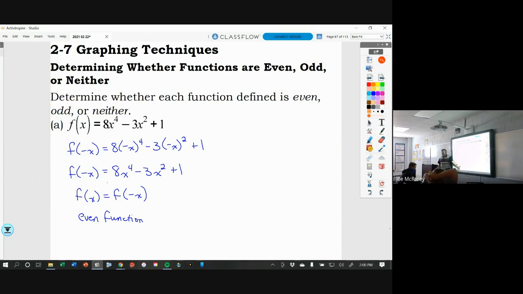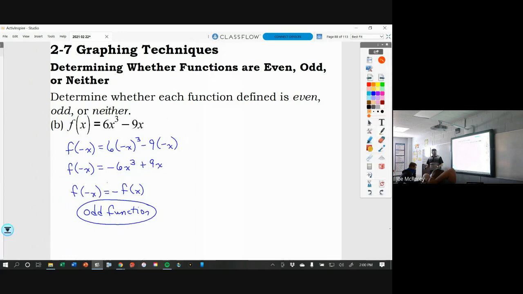If you plug in negative x and you get the total opposite of what you started, meaning every single sign is different, then it's odd. Be careful with your signs. They're all the same, even. Opposite signs, all of them, odd.